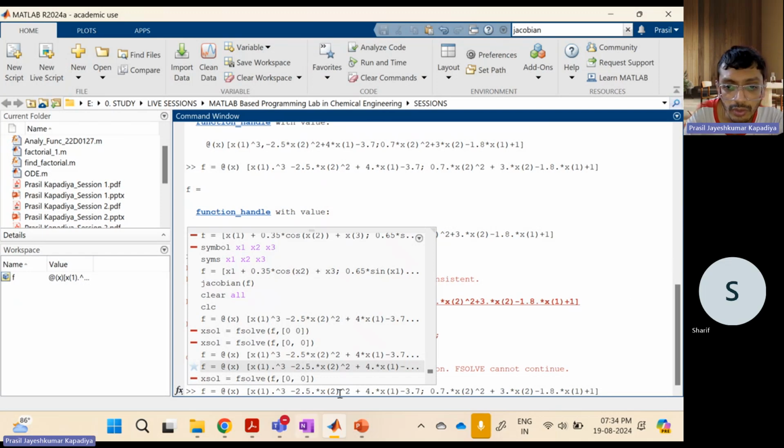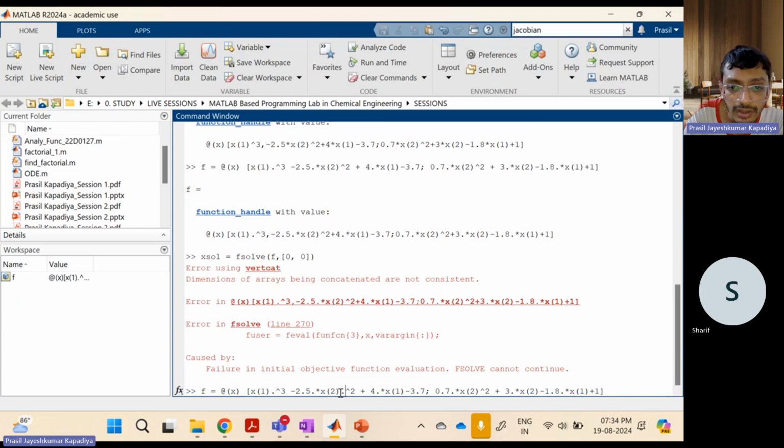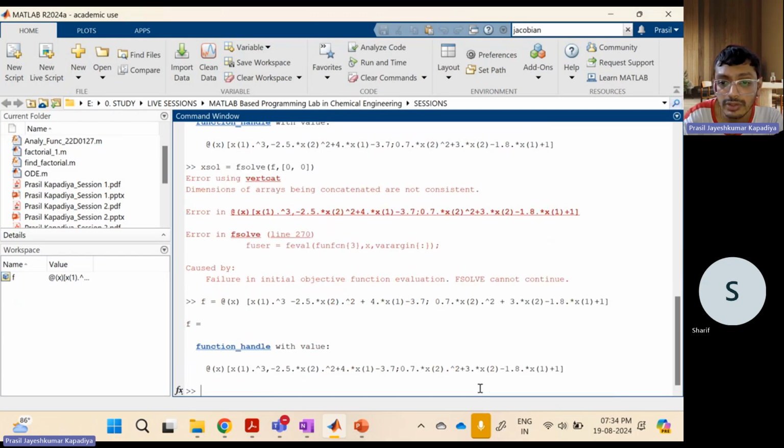Okay, here it should be dot 2 plus 4 into x1 minus 3.7. Then second equation 0.7 into x of 2 square. Here also dot plus 3 into x2 minus 1.8 into x1 plus 1. Now it should be correct.